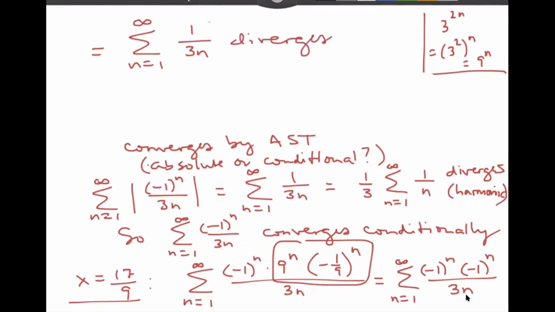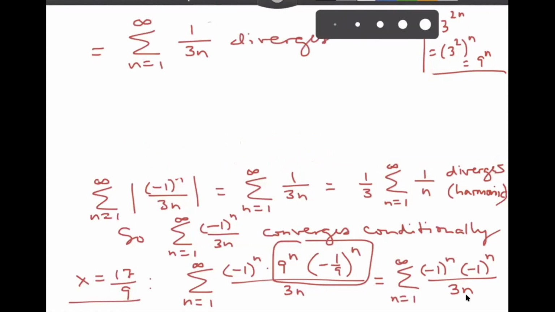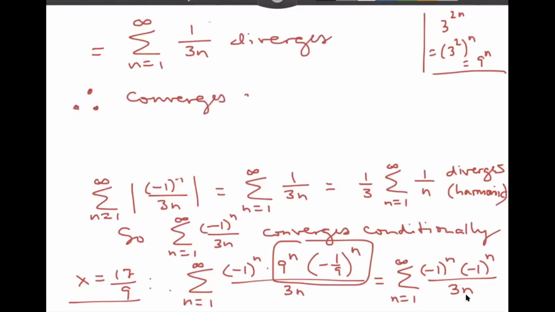All right, so putting it all together. The original power series converges absolutely for x between 17/9 and 19/9.